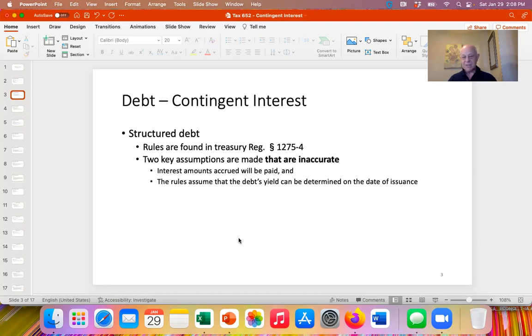So the first assumption is that the interest amounts that we're going to accrue are actually going to be paid. And we'll see that that's not what happens. And we also assume that the debt's yield can be determined on the date of issuance, and we know that can't happen. We have no idea what the underlying asset's going to do over the next few years. But in order to make the rules work, we make believe that we can do both of those things.